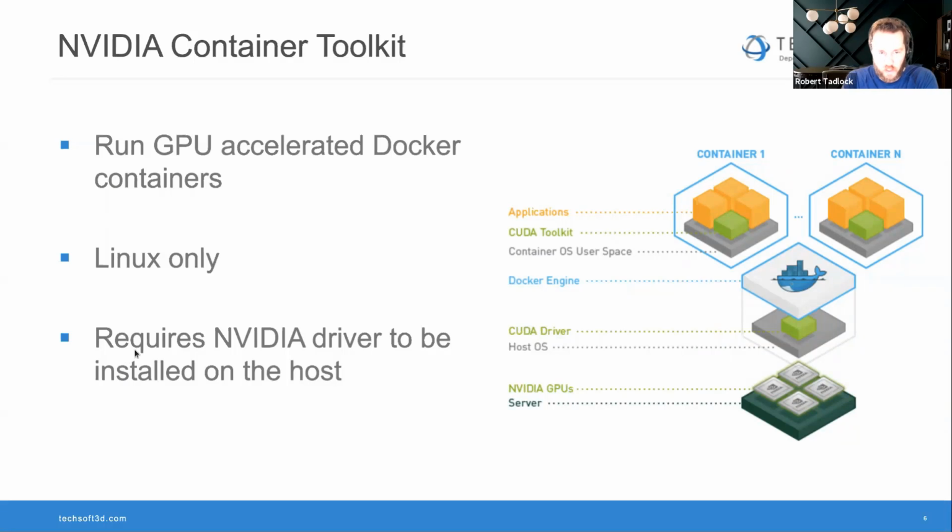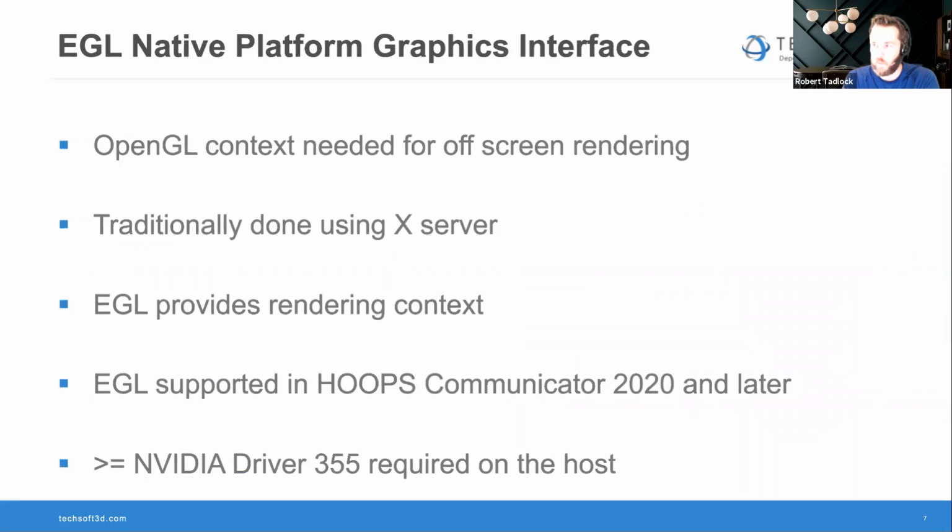And as I mentioned earlier, it does require the NVIDIA driver to be installed on the host, an NVIDIA graphics card with NVIDIA drivers. The reason I specify that is you may be running on a Linux environment using the open source drivers, but you need to have the proprietary drivers installed for this to work. And for us, we require driver version 430 or above, and that is specified in our documentation.